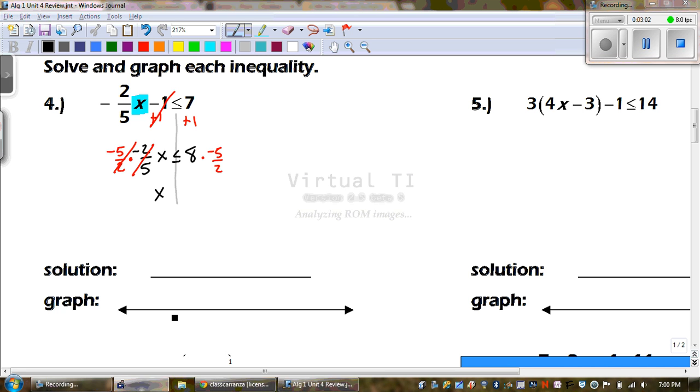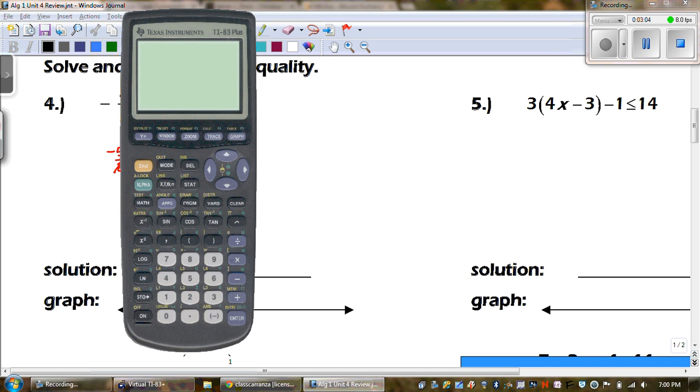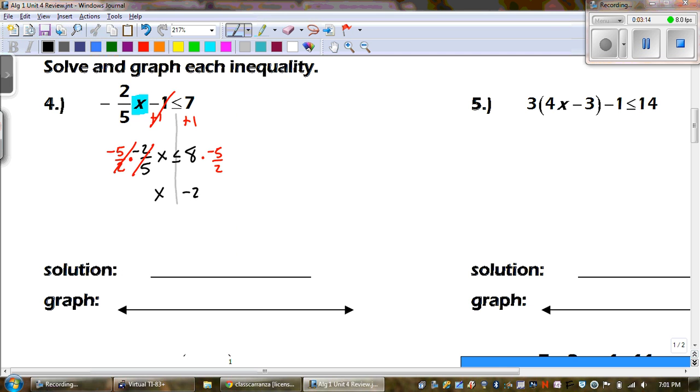So if you're doing this in your calculator, you can see that's the last thing I typed in, 8 times parentheses -5/2, and we get -20. Now, the only thing I haven't written down yet is my inequality symbol, and that is because I'm multiplied by a negative, I have to flip the sign, okay? And that's the rule that we've talked about.